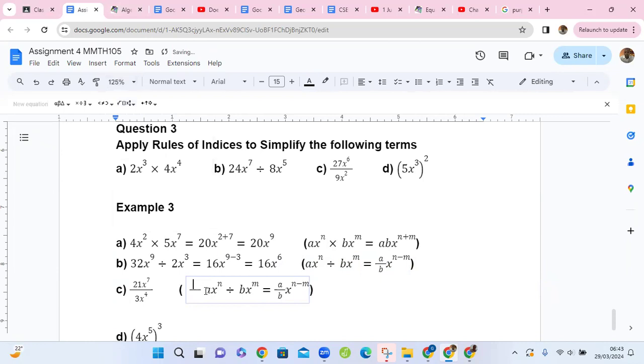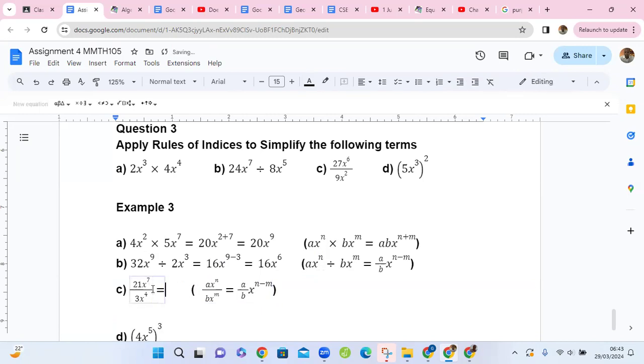So the dividend is in the numerator. That will be ax to the n in our rules. And the divisor is in the denominator, because in some cases, the term can be represented that way. So the same rule applies.